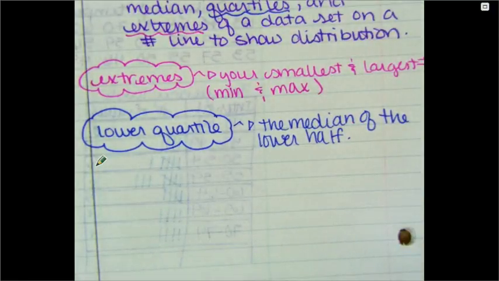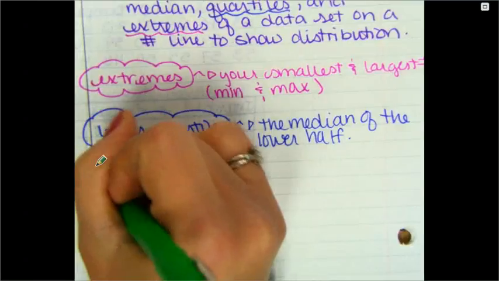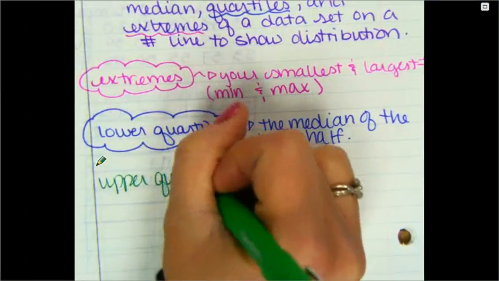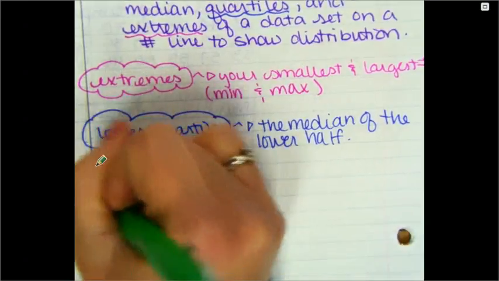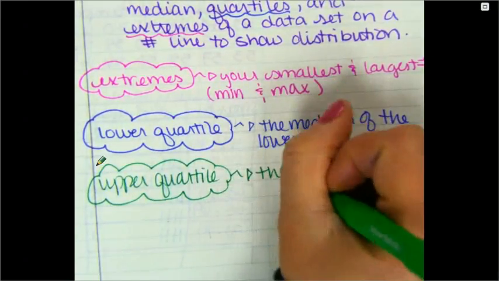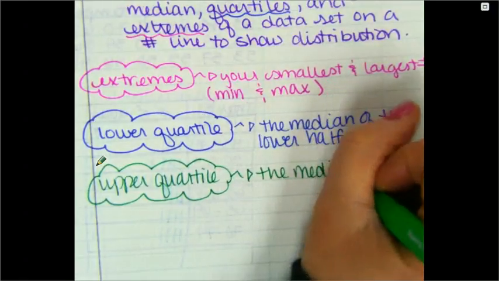And it sounds confusing, but I promise it's really easy once you do it. We also have the upper quartile, which is also the median of the upper half.